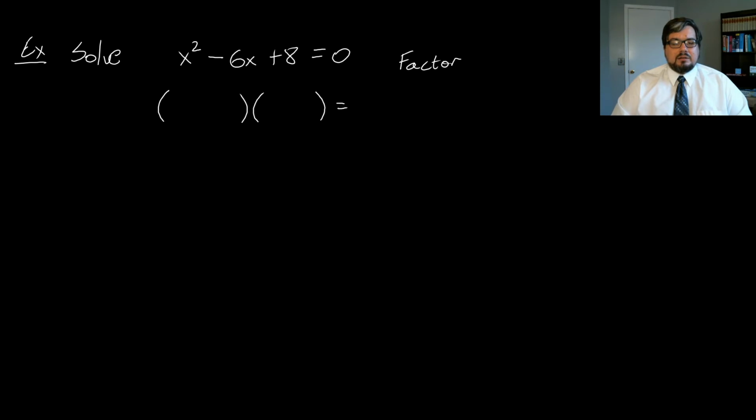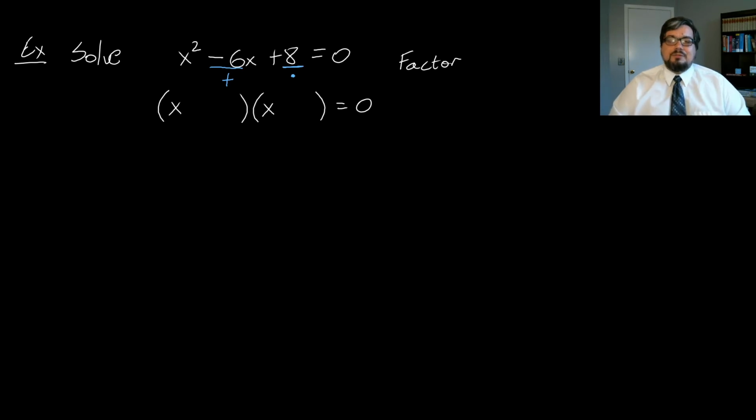Now, in this case, we can factor this polynomial the following way. We can look at our coefficients and see that x squared has a coefficient of 1. Therefore, we can try factoring like this, and we're looking for two numbers that multiply to equal 8 and add to equal -6.